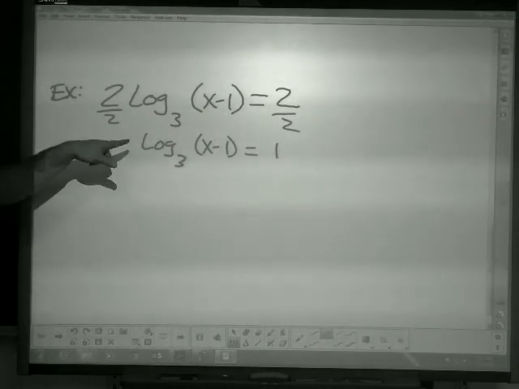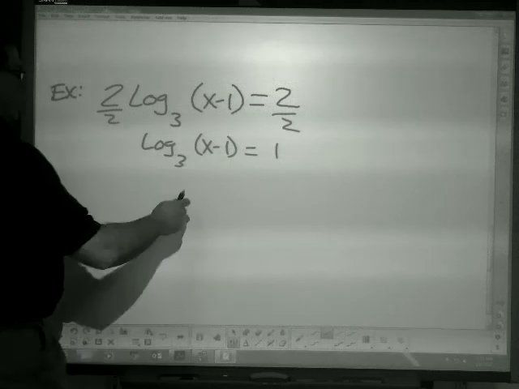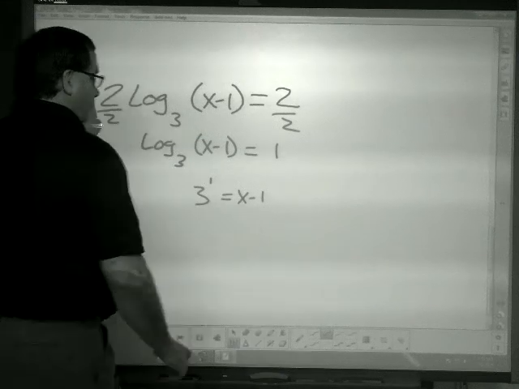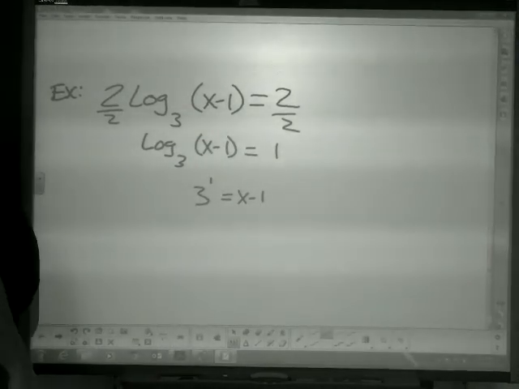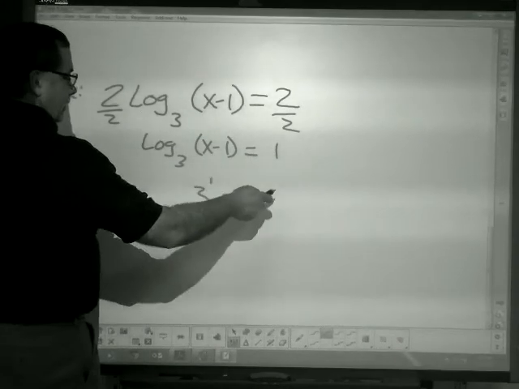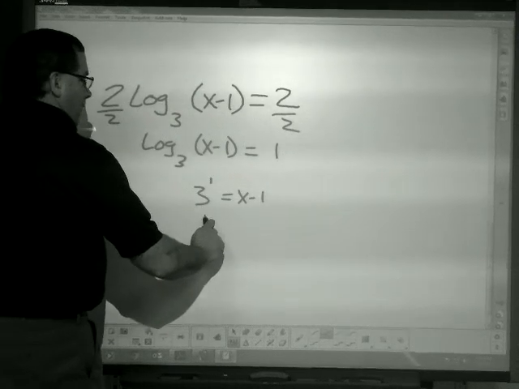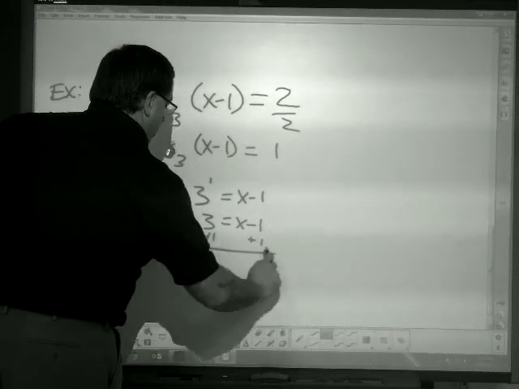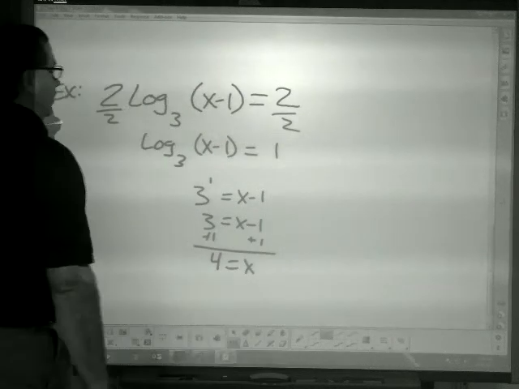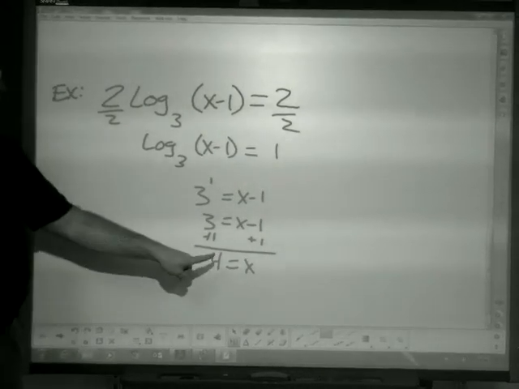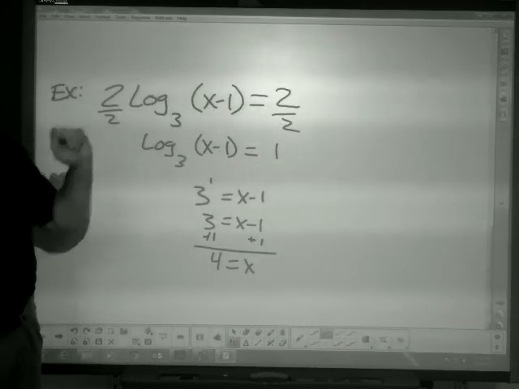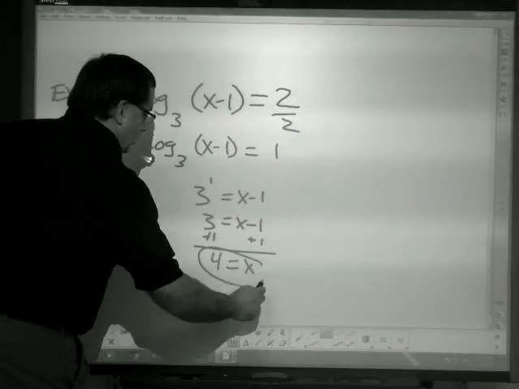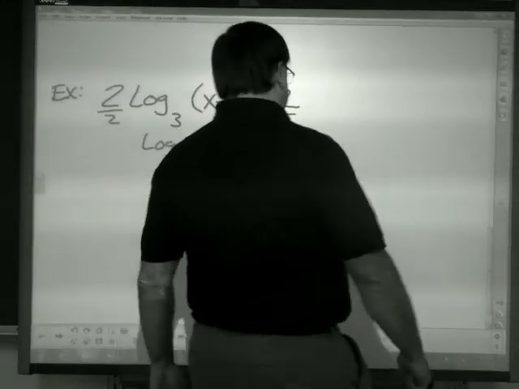Now, I can drop the word log, and I get 3 to the first power is x minus 1. And 3 to the first power is 3. Add 1. 3 plus 1 is 4. So, let's check. 4 minus 1 is 3. It doesn't give me an undefined situation. And I'm okay.